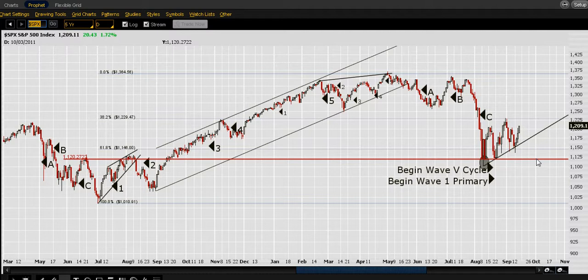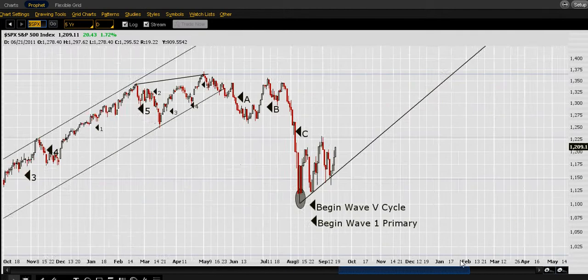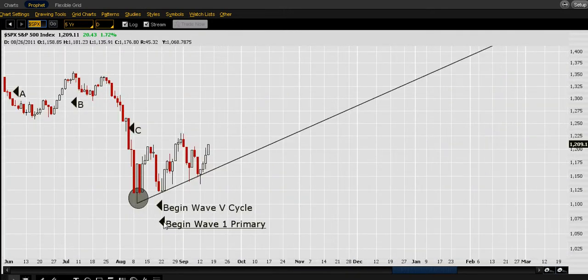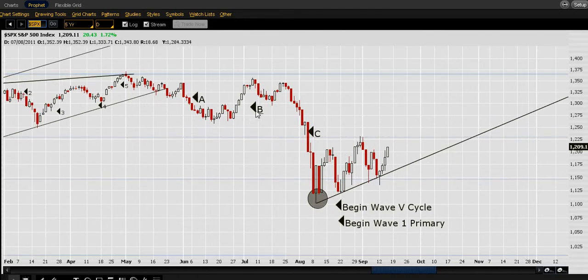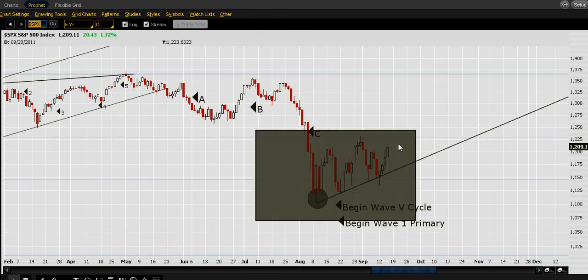So it does not retrace the entire distance of wave 1, so we're still staying within Elliott's rules. Let's just say this ABC right here is the cycle wave 4 correction. And then wave 5 Roman numeral cycle starts right here.